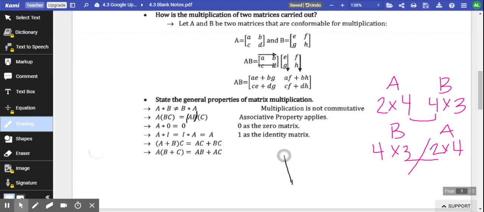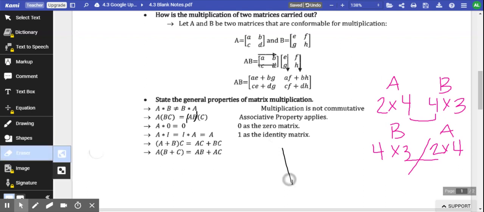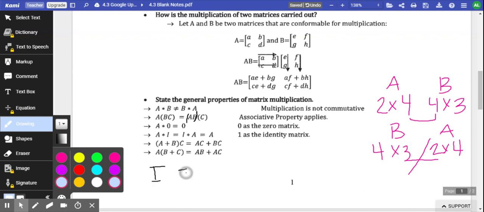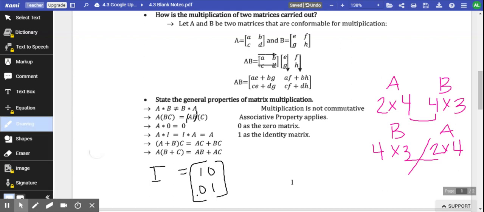For the identity matrix, if I wanted a 2 by 2 identity matrix, remember that we have ones on the diagonal, and you would get A, whatever A happened to be, because 1 times whatever is still that number. The distributive property works in both ways, so we're good to go there.